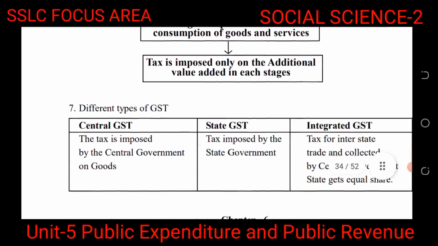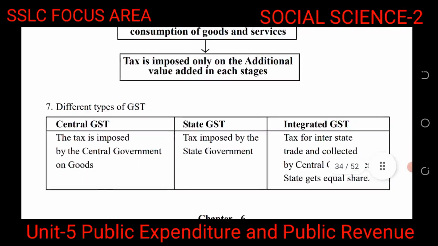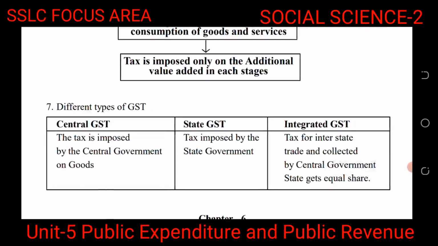Then we have to look at different types of GST. There are three types of GST: central GST, state GST and integrated GST. What about central GST? The tax is imposed by the central government on goods.